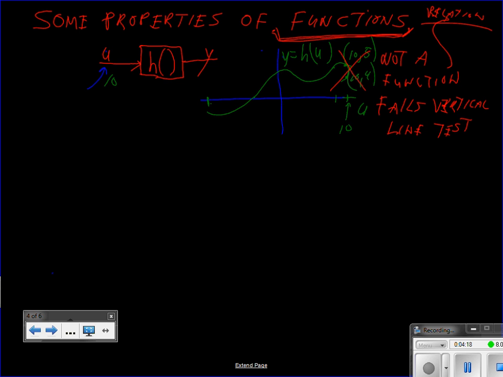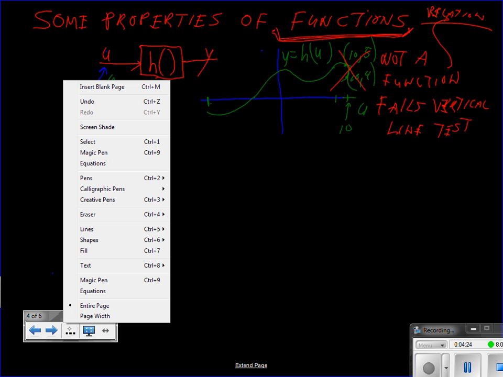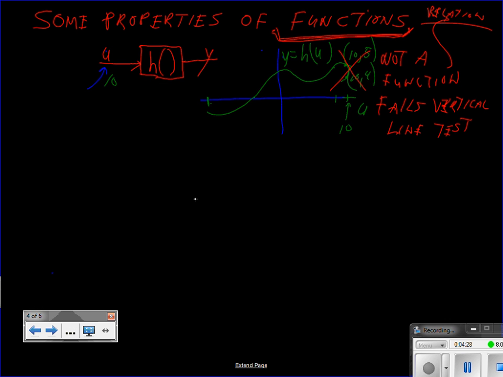Here, I'll give you some common relations that you've worked with before, and they're not functions. How about this? X squared plus y squared is equal to 16. What's that?